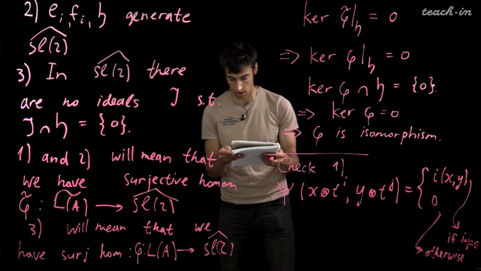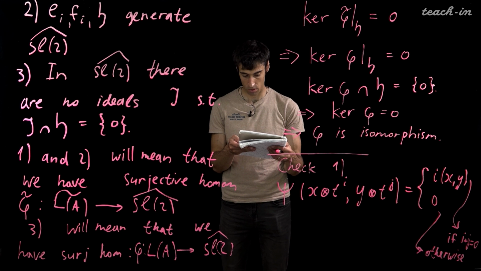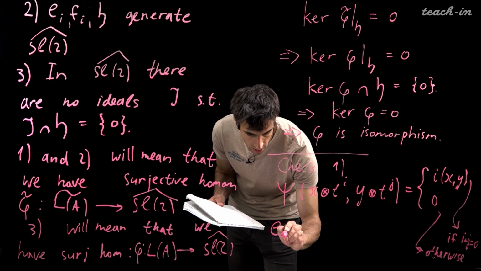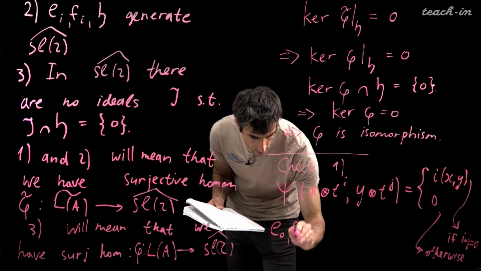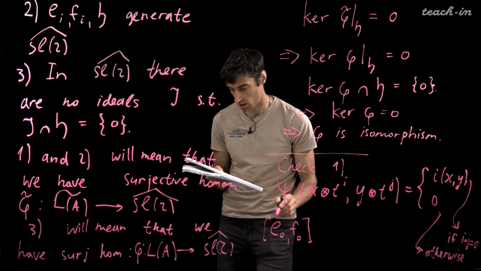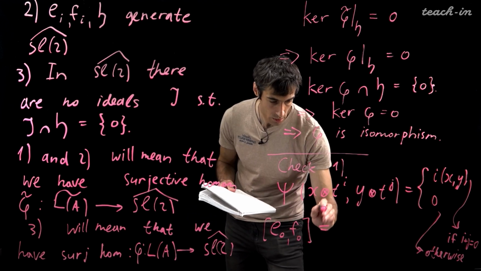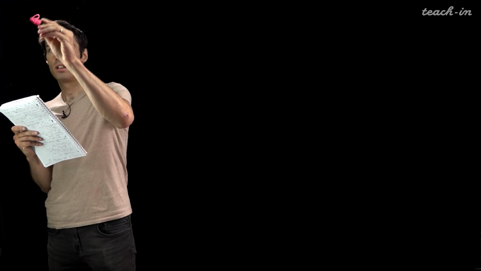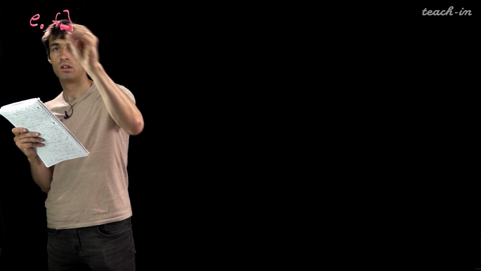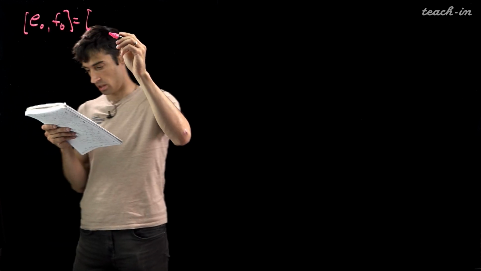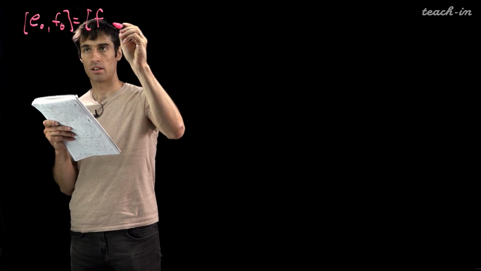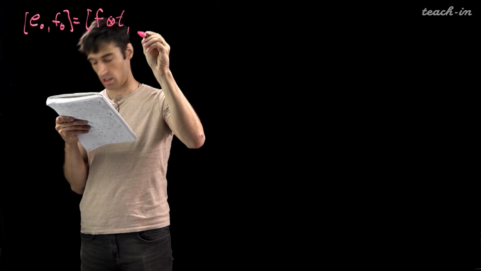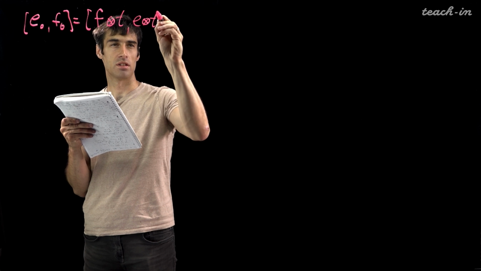And using this formula, I would like to give you just one interesting check. I would like to compute what is the bracket of E0 and F0. The question is whether it gives H0 or not. So let's check. Let's recall what they are. E0 is the root vector, F tensor t with E tensor t inverse.